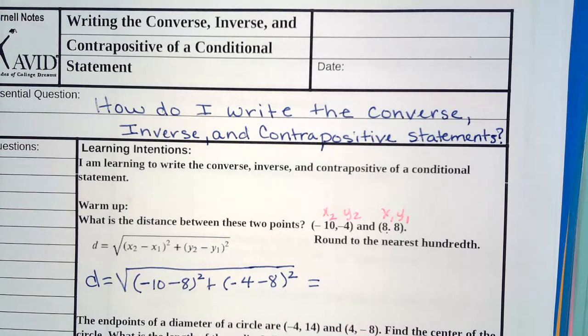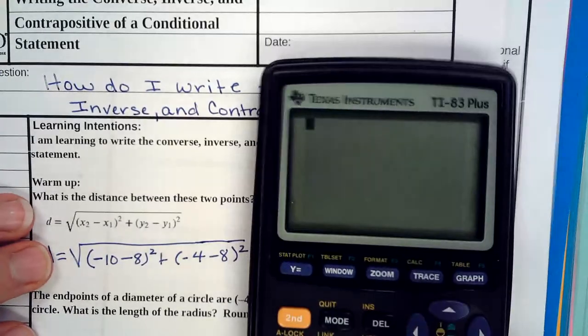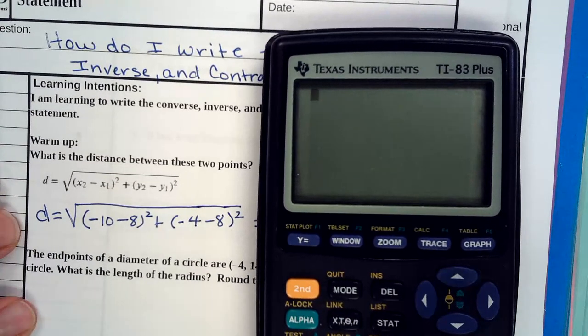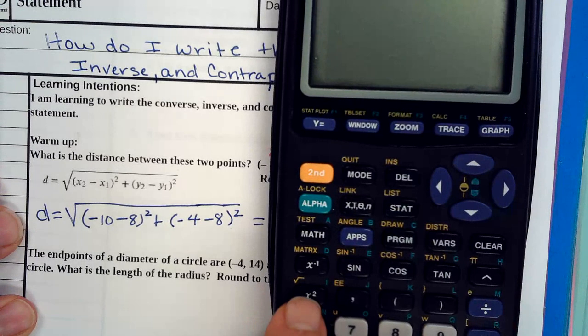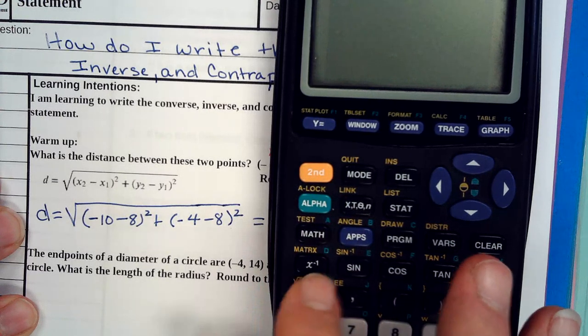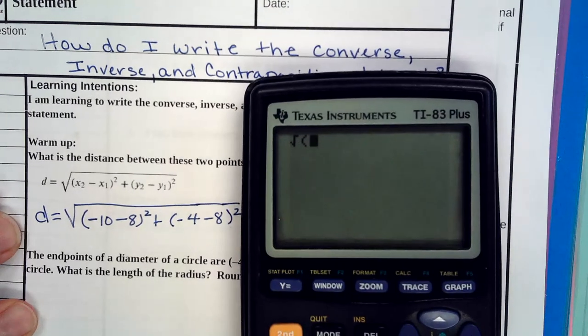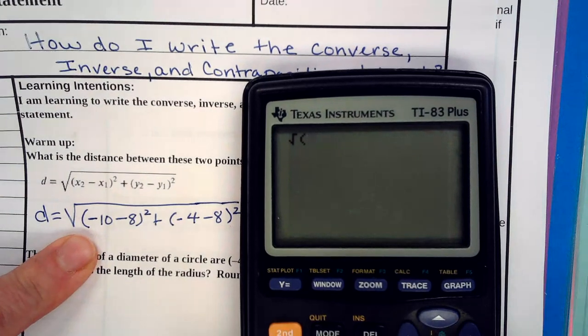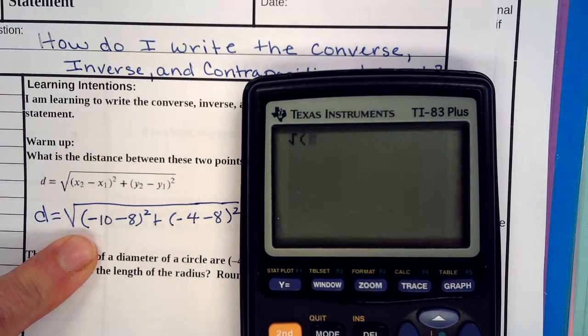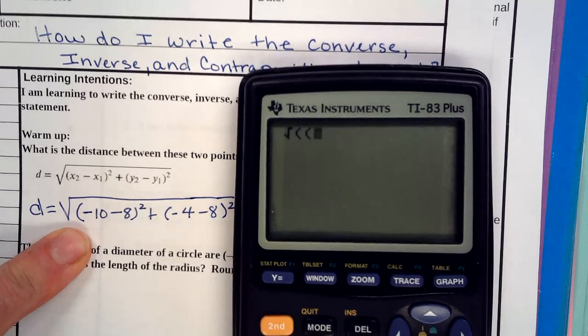The nice thing about having a really nice calculator is that you can put it in all at once. As I'm looking at this, I need to find my square root button. It's down here in yellow. That means I've got to hit the yellow button and then the x squared button, and that gives me the square root. Now if you notice, I've got parentheses. I've also got one here, but I need to put a second parenthesis there before I get started.